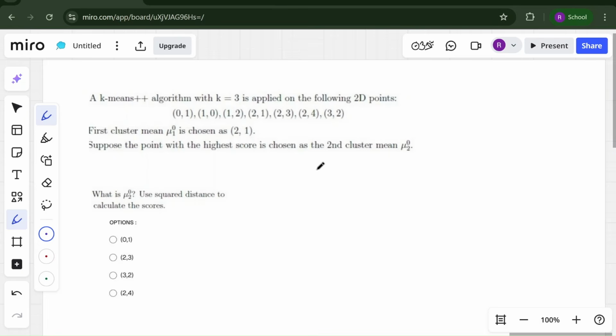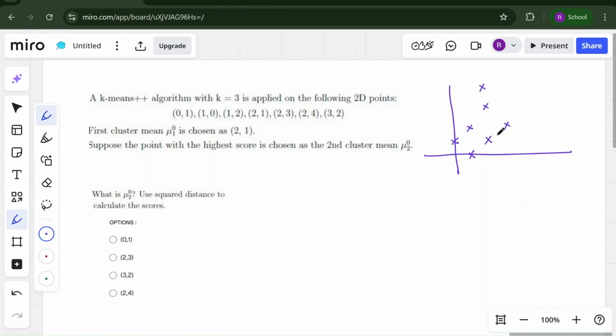So if you quickly plot this, all of them are positive. 0, 1, 1, 0, 1, 2, 2, 1, 2, 3, 2, 4, 3, 2.